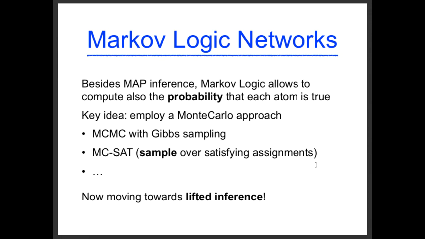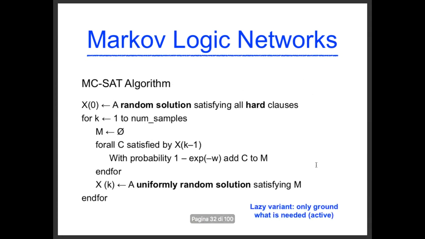But now there is also some interesting stuff about lifted inference with Markov logic that's related to what Christian presented in the first lecture. So how does this MC-SAT algorithm work? Again, you start with a random solution which satisfies all hard clauses, because there is something I didn't tell you yet.